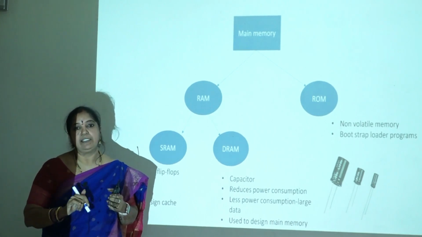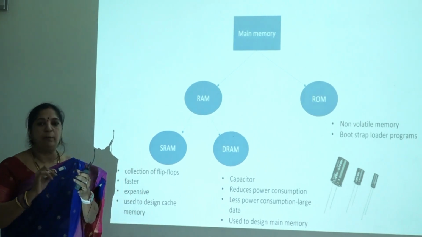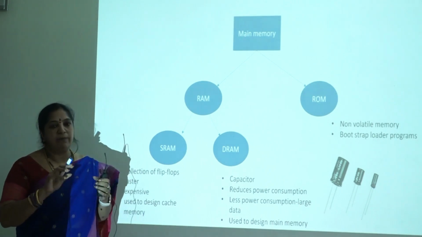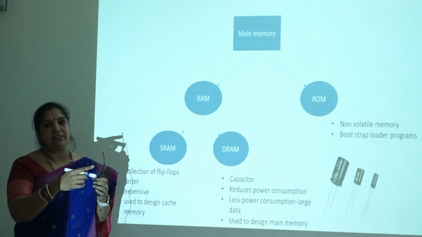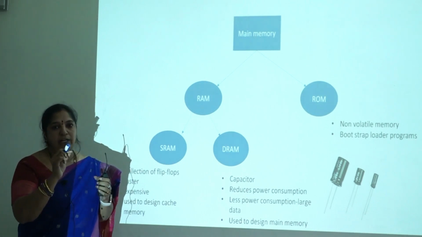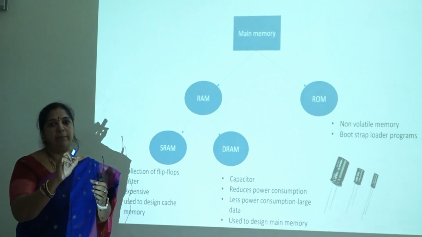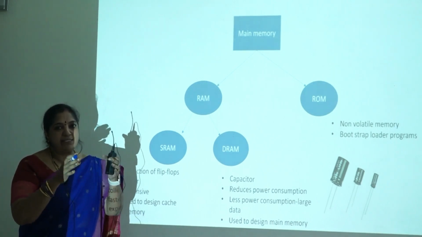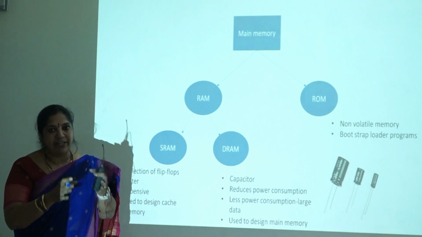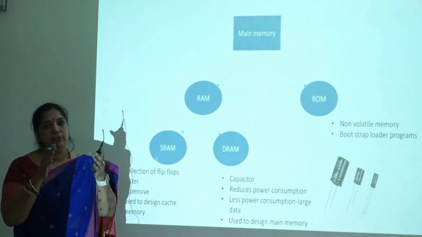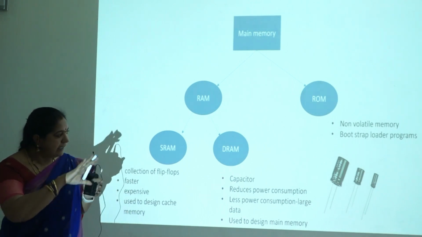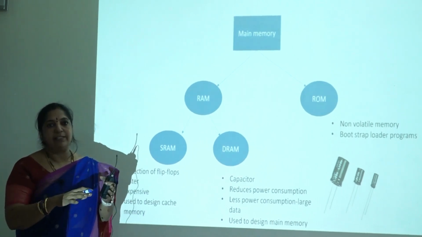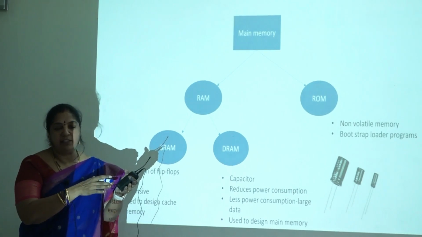Why are we saving that? First point, I told you that the processor can interact only with main memory. Second, once you switch on the system, you can observe that something is happening within the system, which is nothing but the system being set ready for the use of the user. That means it is adjusting everything, input, output, whatever is necessary, and the operating system is set into the main memory.